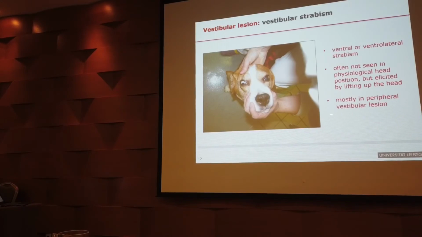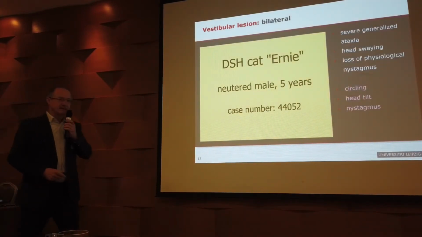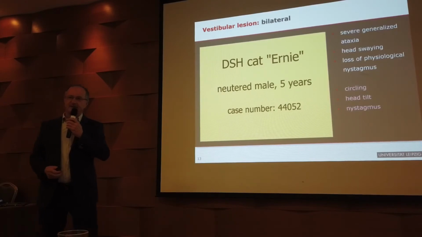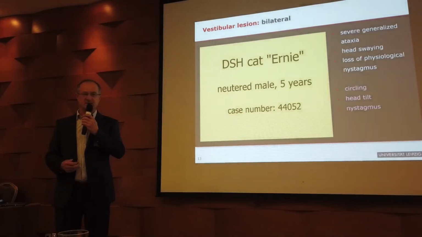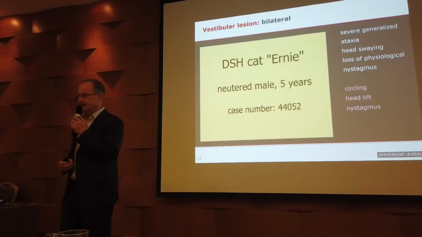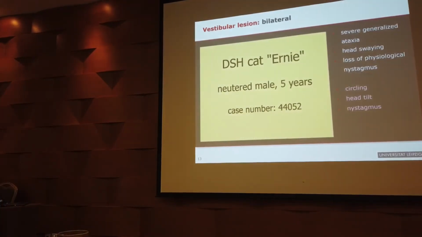It's more commonly seen if the vestibular lesion is in the ear. I have not said that, but most of the patients we did look at before were patients with unilateral vestibular disease. So most of the symptoms we have seen are caused by asymmetric input to the brain.